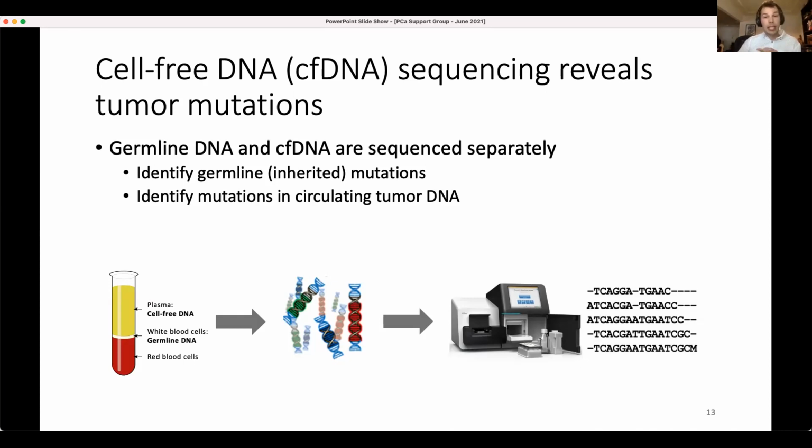So the germline DNA is used to understand what mutations the patient may have inherited from their parents. And together with these two sources of information, the somatic mutations and the germline mutations, we can sequence the DNA and try and understand how this impacts tumor biology and ultimately patient quality of life and response to therapy.